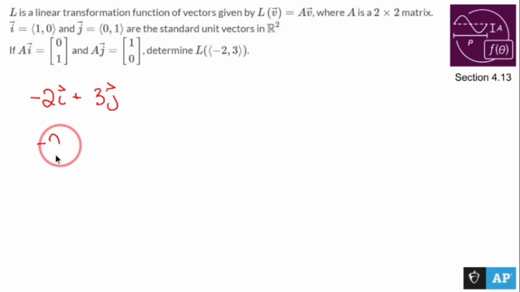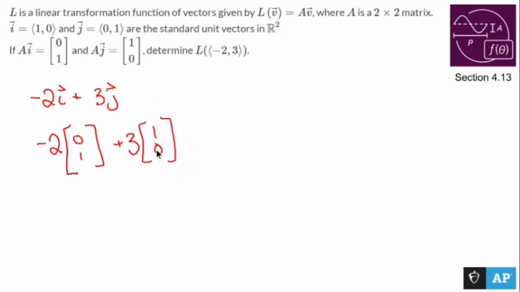So if I wanted to, I can do negative 2 times 0, 1 plus 3 times 1, 0. Which is just scalar multiplication. Negative 2 times 0 is 0.